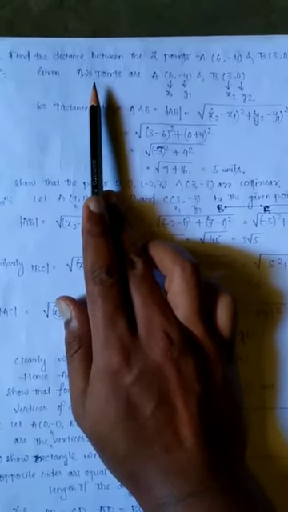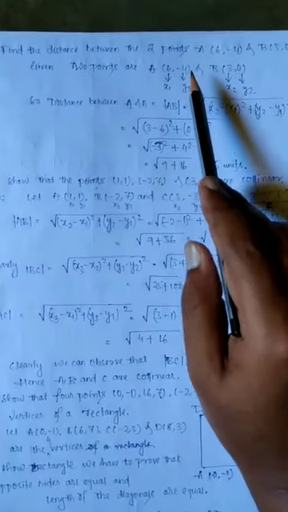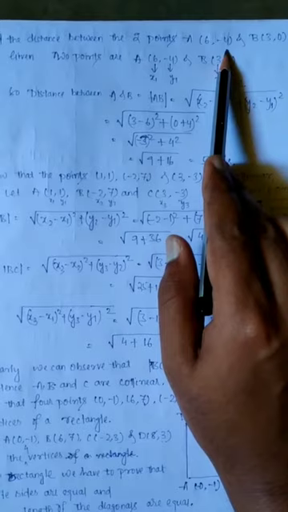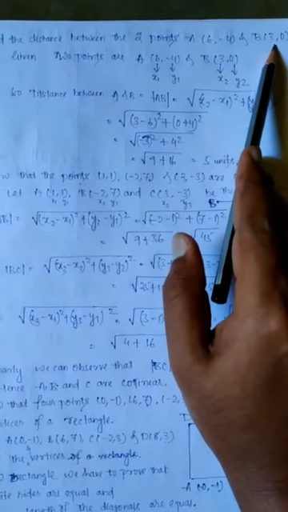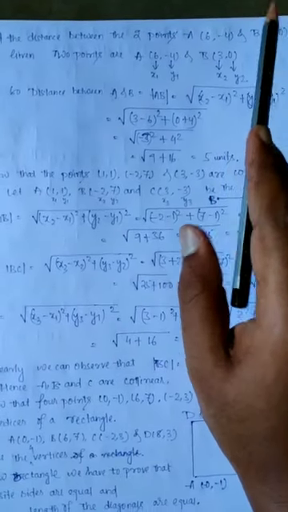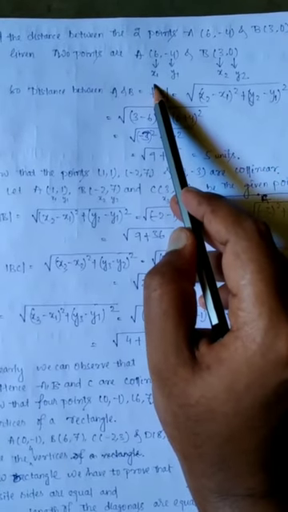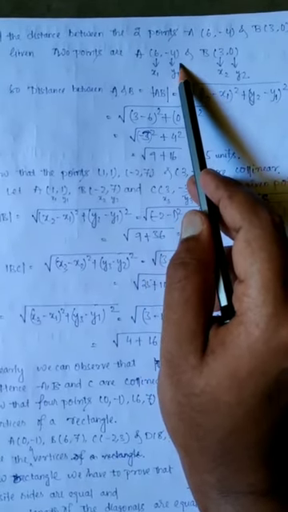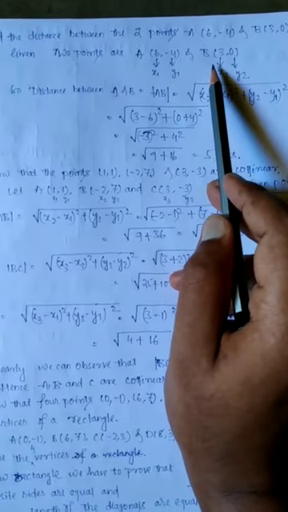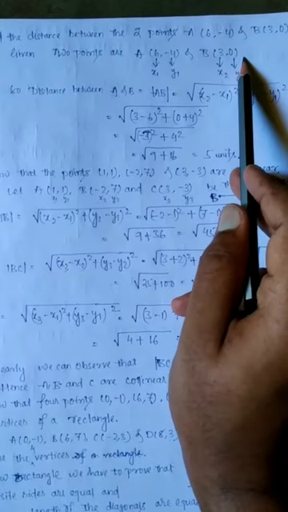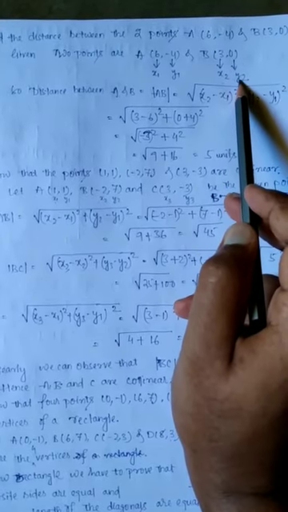Okay, find the distance between the 2 points (6, -4) and (3, 0). What is the distance between 2 points? So here I have represented 6 as x1, -4 as y1. In the second point, 3 is represented as x2 and 0 is represented as y2.